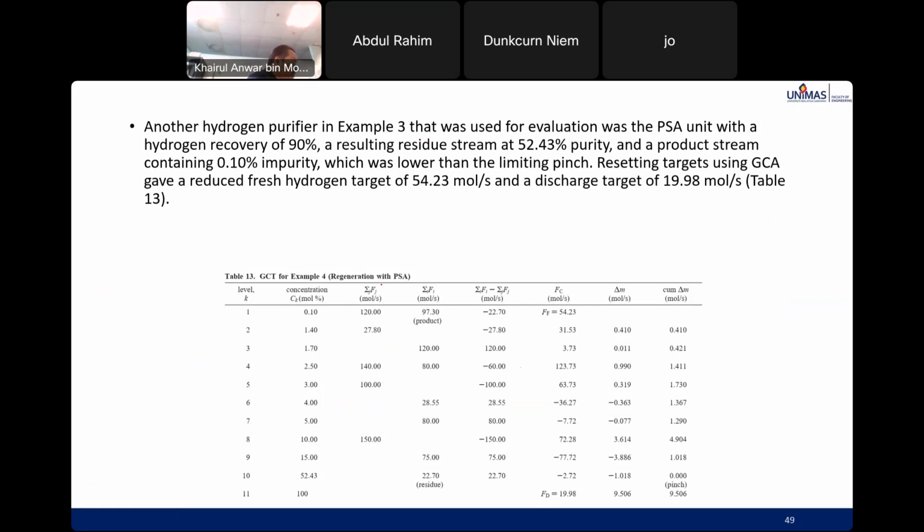Here, regeneration with PSA at this level, 0.1%, is lower than the limiting pinch. The limiting pinch before this is at 1.7%. Resetting the target using GCA gave a reduced fresh hydrogen target of 54.23 here, the pinch, and a discharge target of 19.98 mole per second.